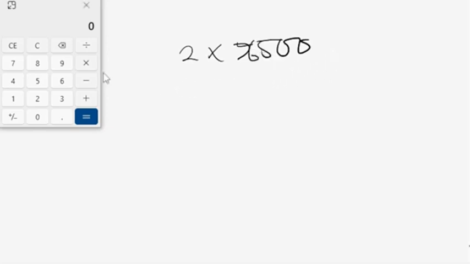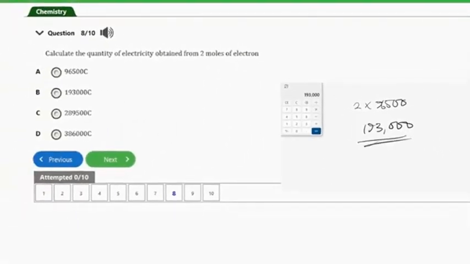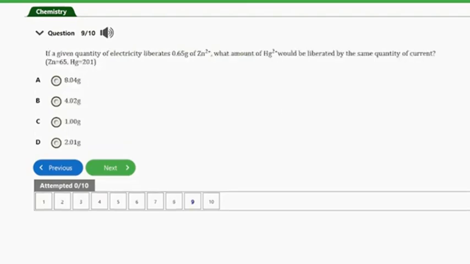So 2 times 96,500 is going to be 193,000. So this is one of the questions you can use as a bonus here in your chemistry. So let's just quickly wipe this off, guys, and then let's solve for the next question.